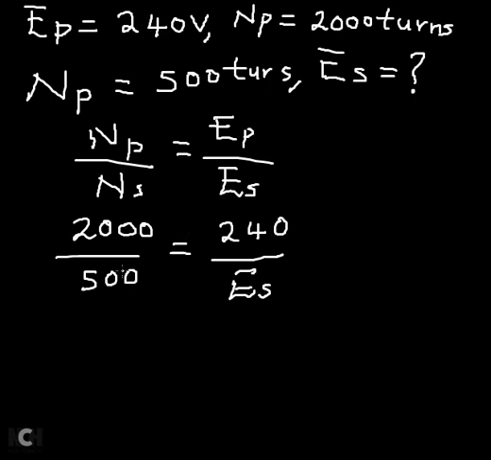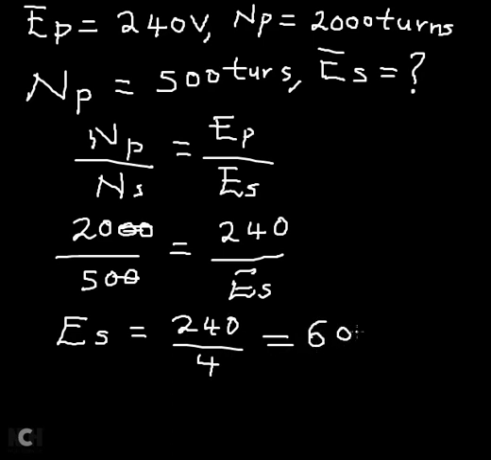If I divide 2000 by 500, that's 4. So if I cross multiply and rearrange to make ES the subject, I have 240 all over 4, which gives me 60 volts.